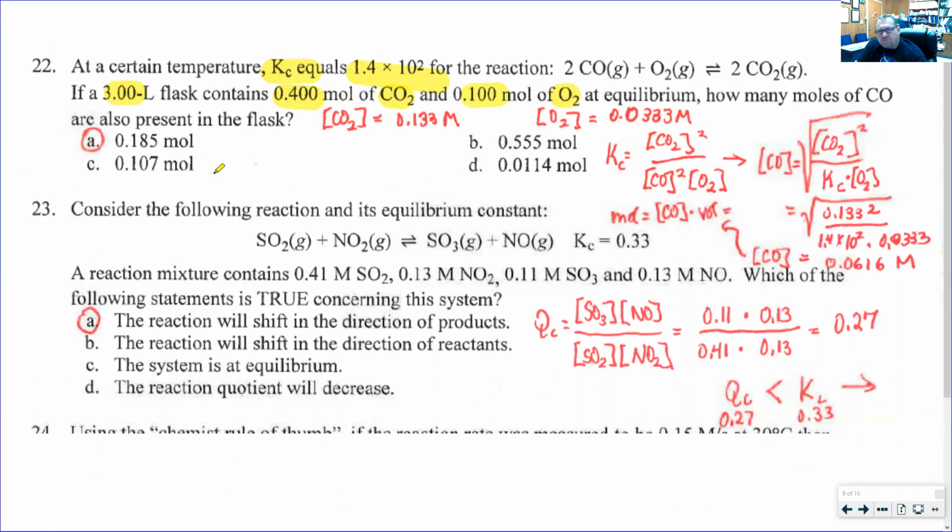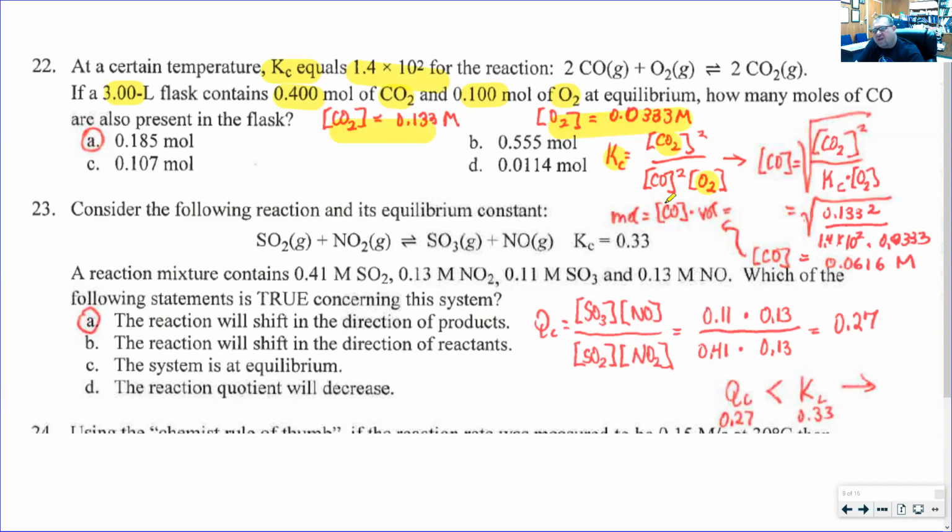So on this one, if I look at the things that I know in the system, I know K sub C, I know the CO2, and I know the O2. Now I was given the number of moles and the volume, so I had to calculate the molar concentration by just dividing those, but that's easy to do. We've been talking about how to do that. So we just need to solve for the concentration of CO.